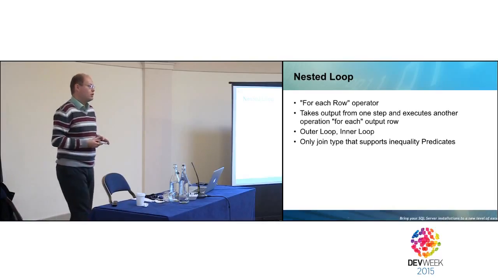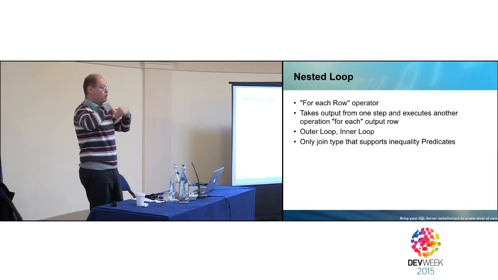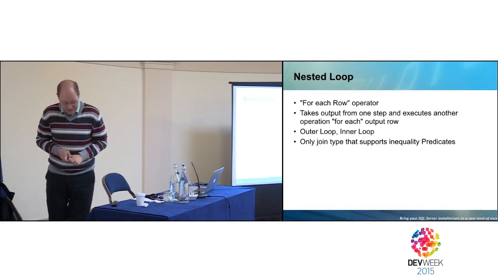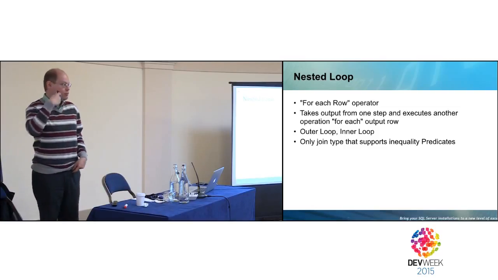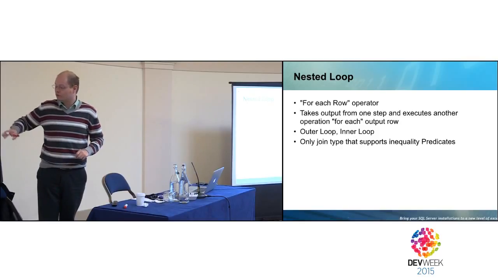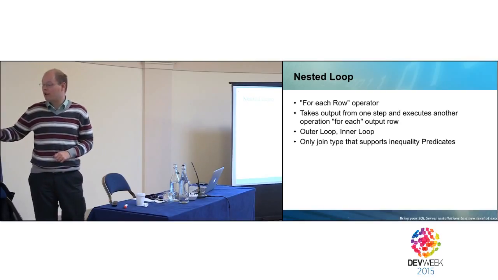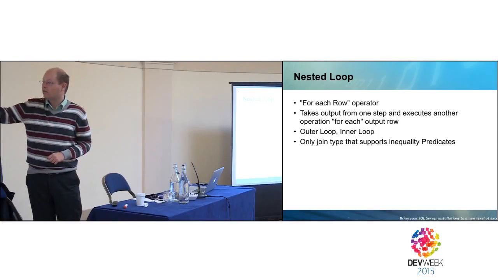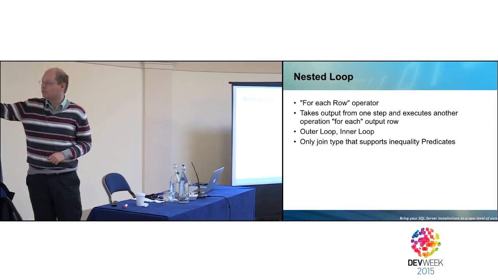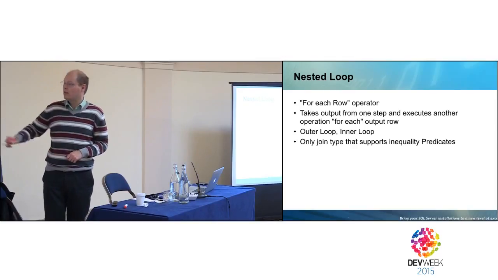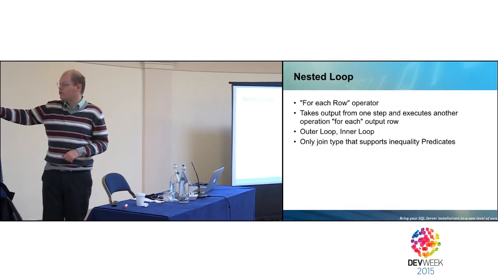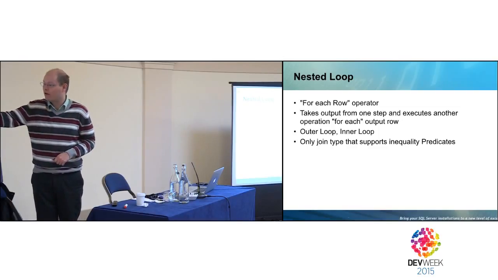The nested loop operator in SQL Server is mainly a for each operator, for each row. Internally, SQL Server operates with two loops which are just nested inside. Means SQL Server starts the outer loop over the outer table, like table A here, takes the first record, now it has the value of 3, and loops in the inner loop over the inner table and checks if we have qualifying rows.